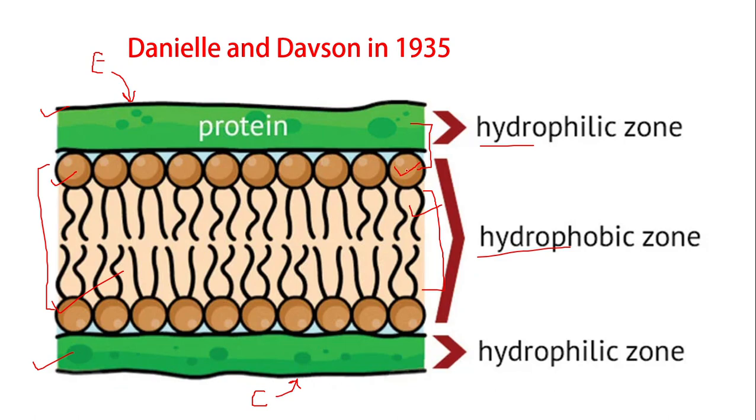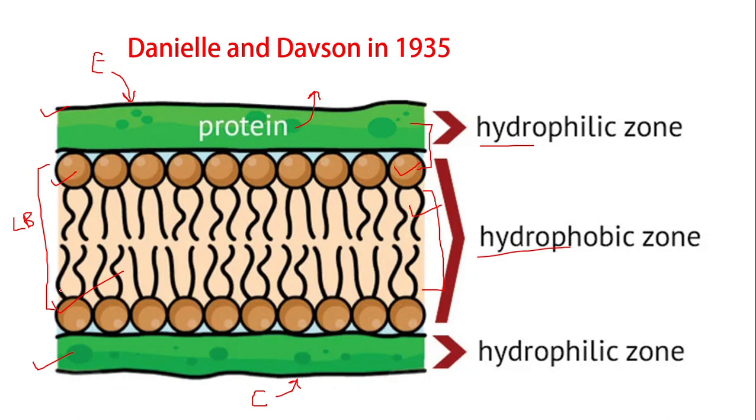Guys, if we talk about which type of proteins are present in the plasma membrane, these are globular proteins. If we talk about the lipid bilayer, it consists of the main lipids called phospholipids. So this is all about the unit membrane model of Danielli and Davson, proposed in 1935.